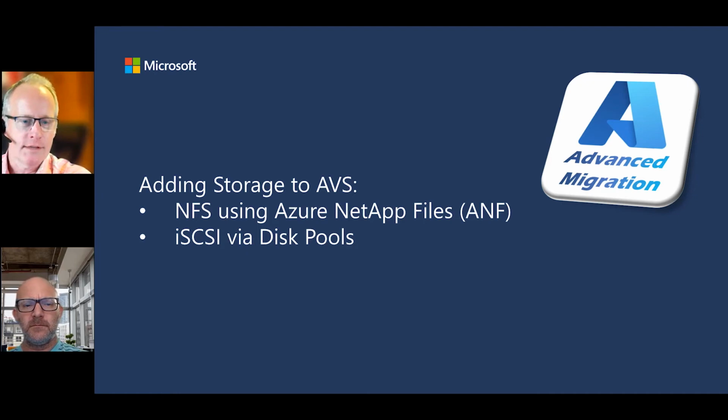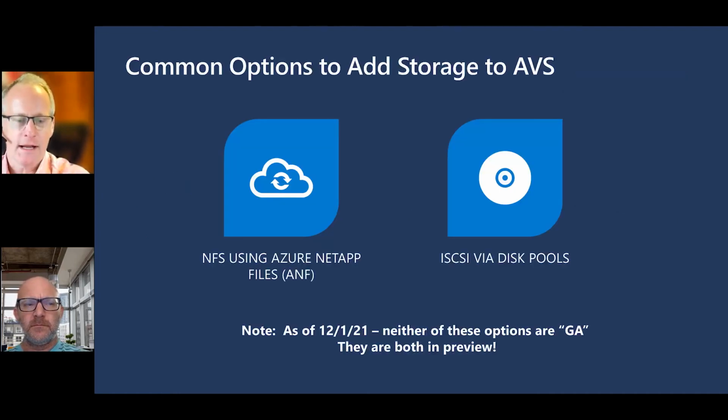One, using Azure NetApp Files, which is native flash NetApp filers in Azure to connect to NFS volumes that you create there, or using something called disk pools, which provides iSCSI access to your AVS clusters. Both of these are in preview right now.